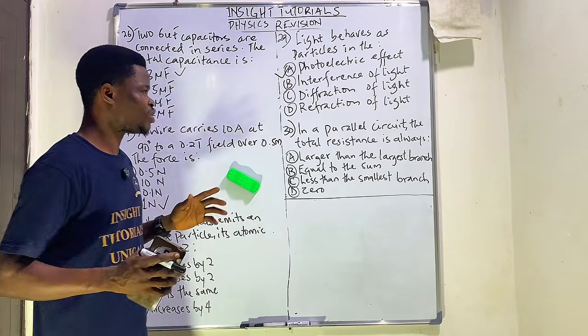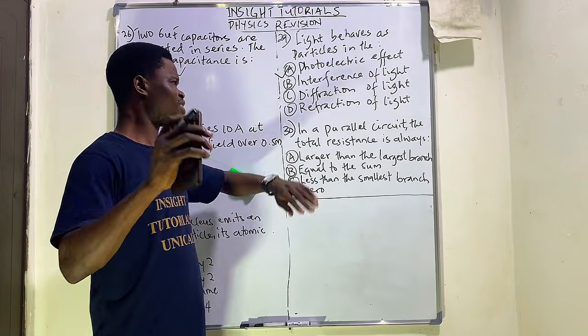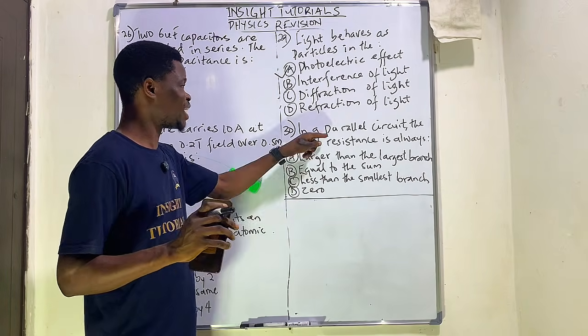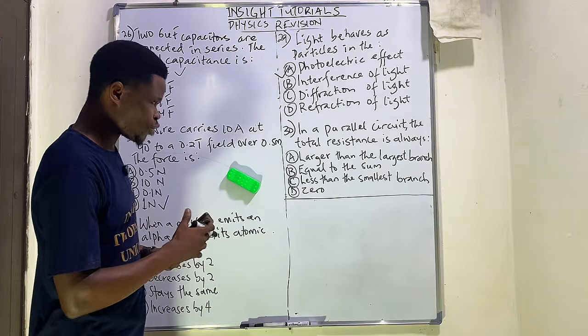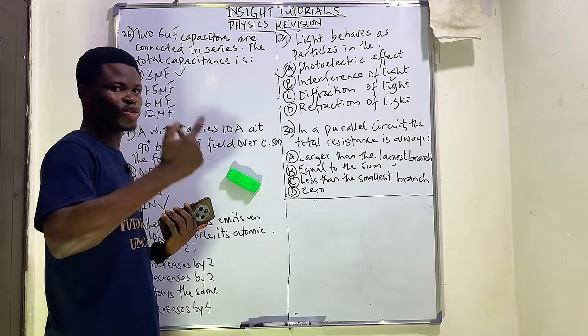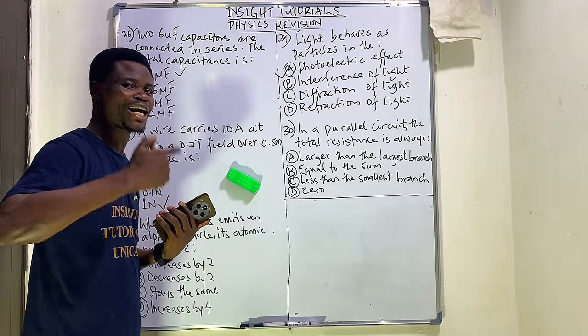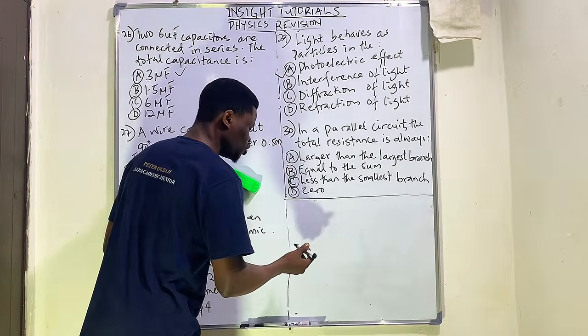Now, it is very important for you to understand the particular state in which the circuit is connected. It's connected in parallel. So, take note, this is a resistance. I told you before, if a circuit is connected in parallel, to get the total resistance, what are you going to do?